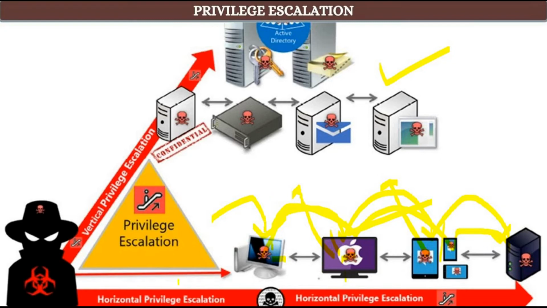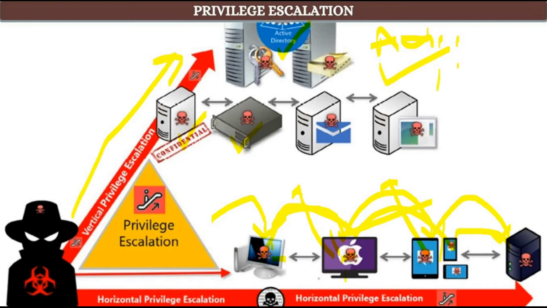Now what is it in the vertical one? In the vertical one you can get access to the admin, which has a different set of privileges. It refers to gaining higher privileges than the existing ones.